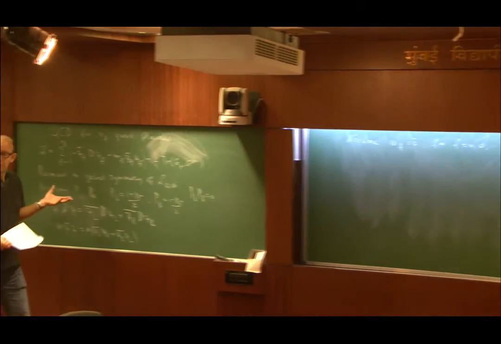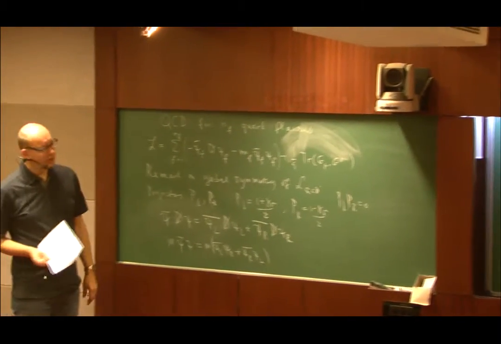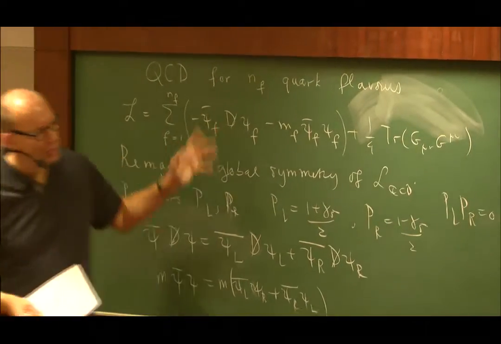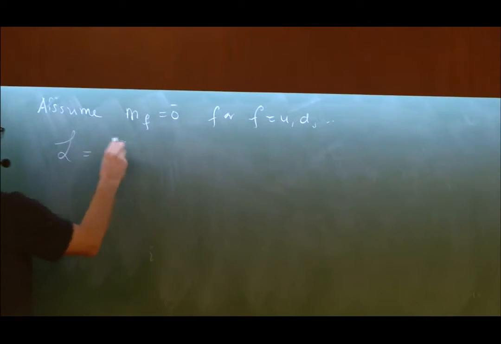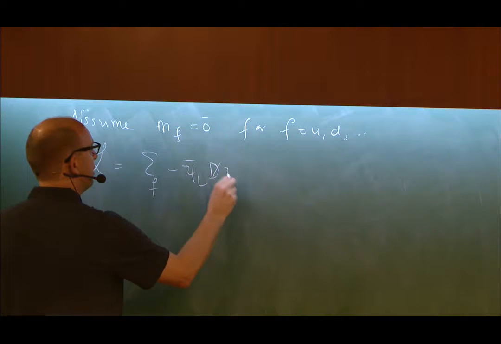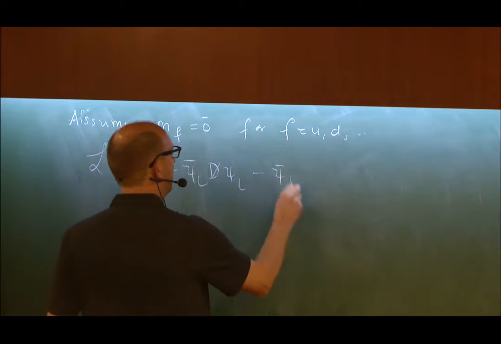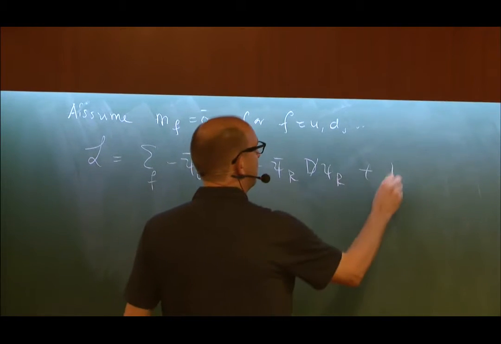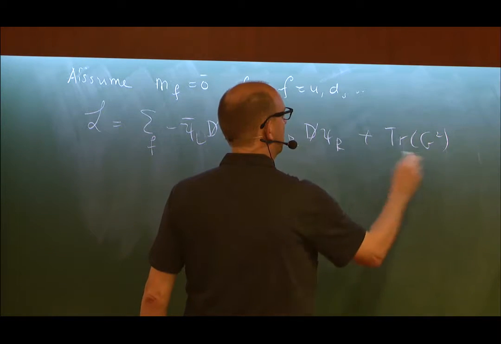Now I can easily make an observation which requires hardly any calculation. If I ignore the mass, let me just write down the kinetic term of the action. So L is then the sum over F of minus psi bar L d slash psi L minus psi bar R d slash psi R plus the trace of G squared over 4.